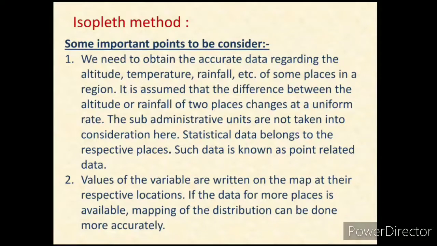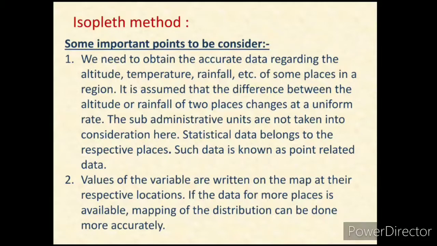It is assumed that the difference between the altitude or rainfall of two places changes at a uniform rate. Uniform rate means equally there are changes, and that's why the two places are joined by an isoline and the numbers are shown in the map.